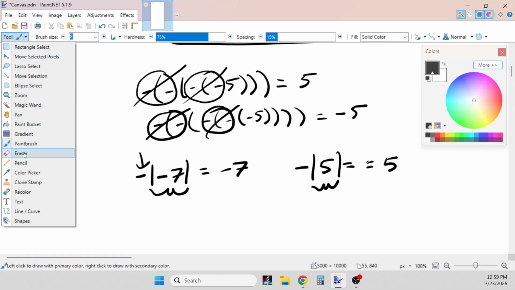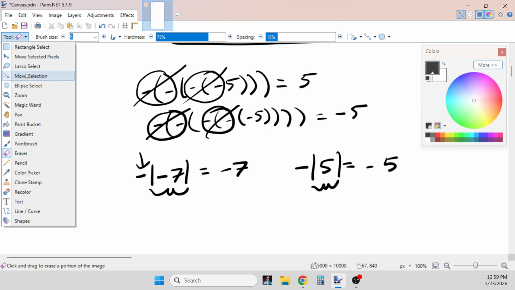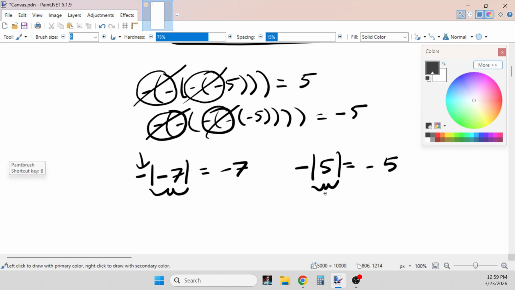So this part here becomes regular 5, and then the negative gets applied to it. So the absolute value does not just switch the signs, it switches the sign to positive. If it's already positive, it leaves it alone.